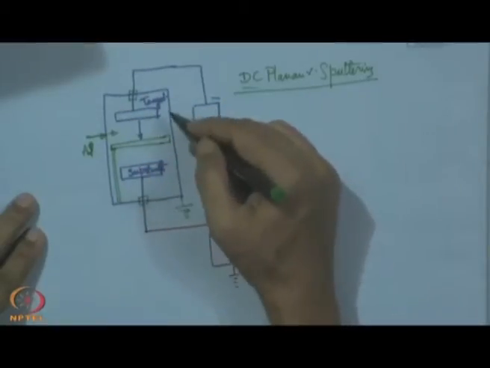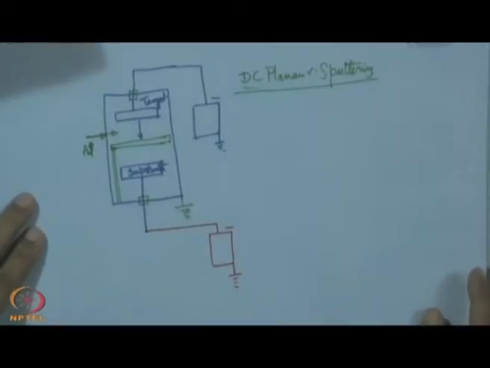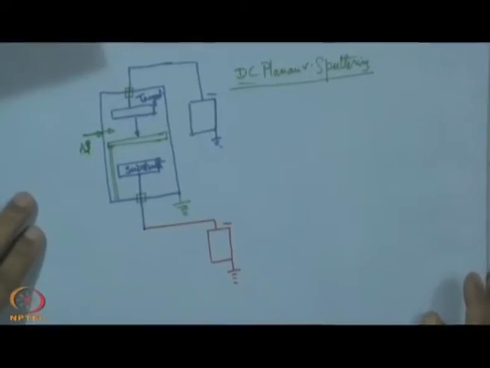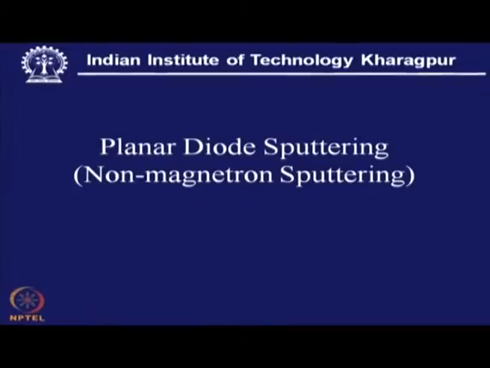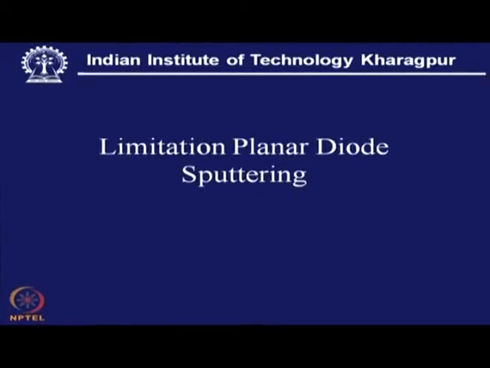Even after realizing how much flexibility this process can offer, it has some basic weaknesses, and there have been numerous efforts to improve the situation and make the process more efficient and more productive. That is why it is now called non-magnetron sputtering. That means there will be a magnetron, and that is exactly what we call magnetron sputtering.